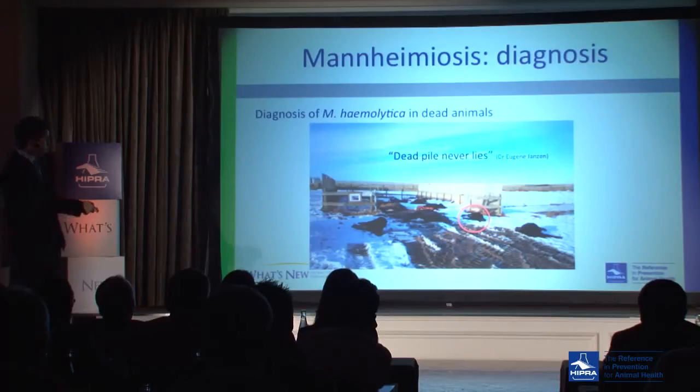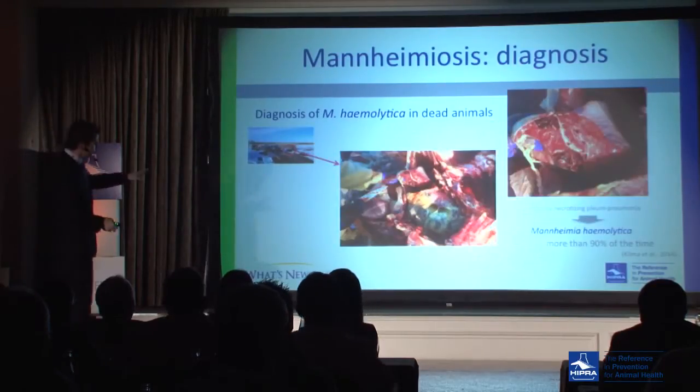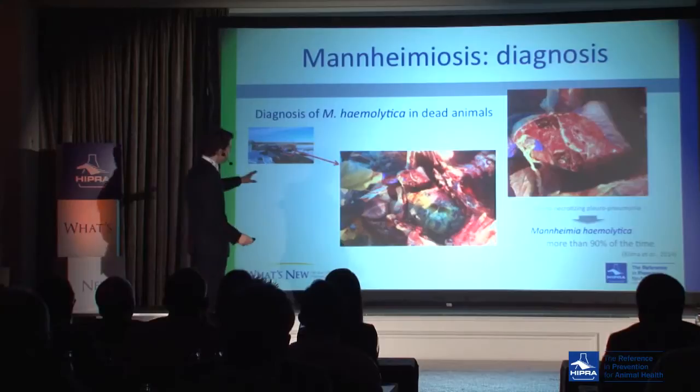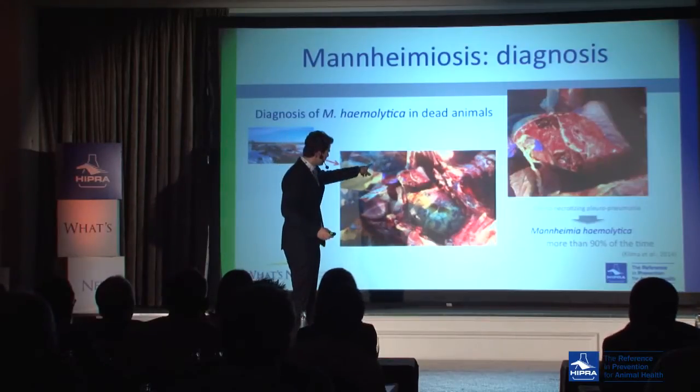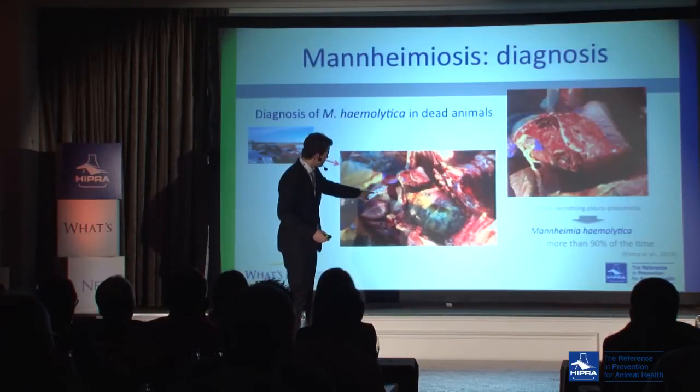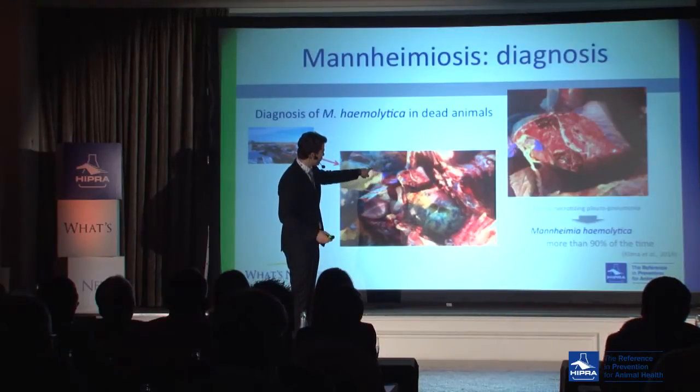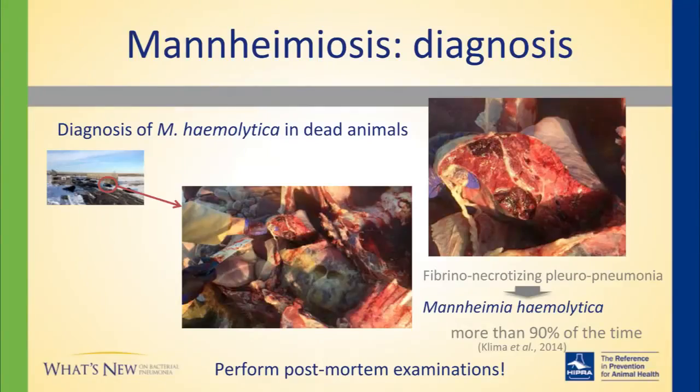For example, when I opened this animal here, and I did observe, sorry for the quality, this fatal fibrinous pneumonia with this fibrin here, so you've got pleuritis here, you've got some interlobular spaces that are widened by the presence of fibrin and some very hemorrhagic lobules, I was almost sure that this cattle died of Mannheimia hemolytica, because a recent publication showed that in those cases of fatal fibrinous pneumonia, Mannheimia hemolytica is involved in more than 90% of the cases.